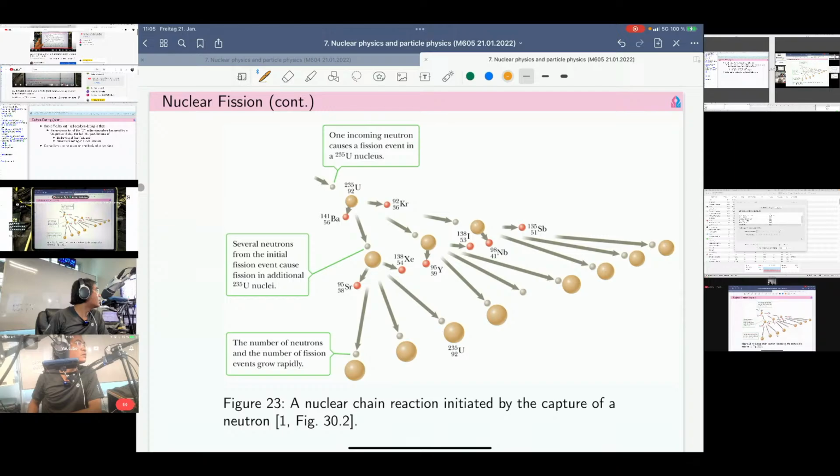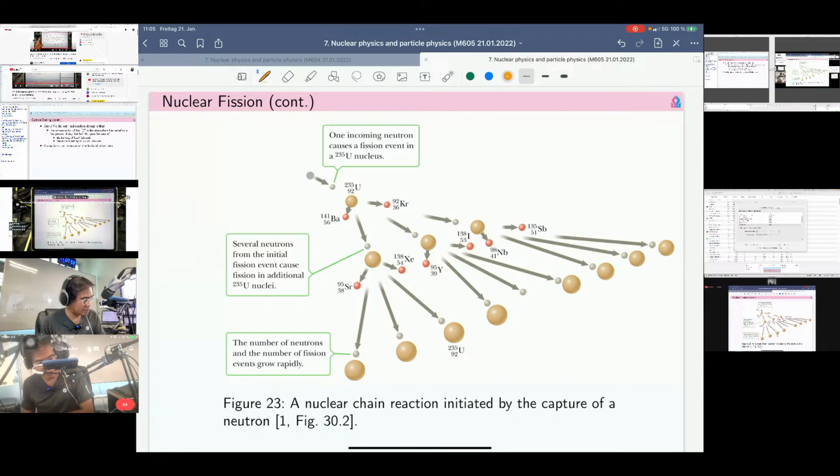uranium-235 is the major fuel for the automatic chain reaction, or it's called chain reaction. Right? Yes, one neutron with speed causes a fission event to uranium-235, and as you know, we could get barium-141 and krypton-92.